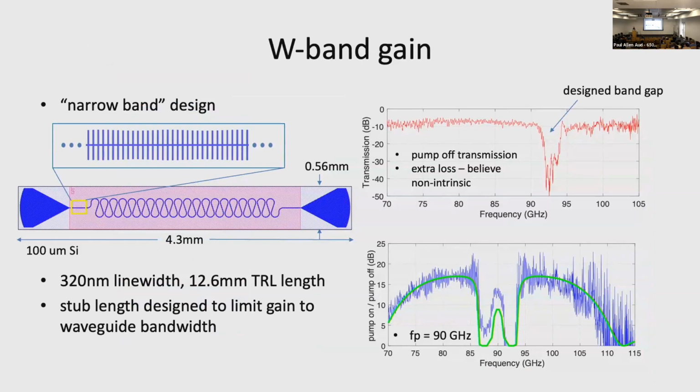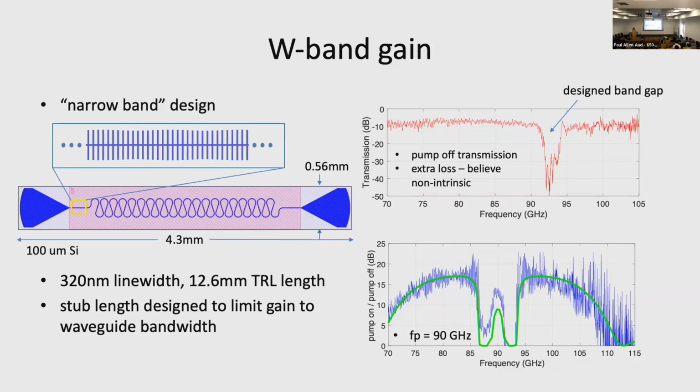This is what we call a narrow band design of the W band TWPA, and so we use the short versions of the shunt stubs in this case to provide some dispersion in order to limit the bandwidth over which we're getting gain to the W band.